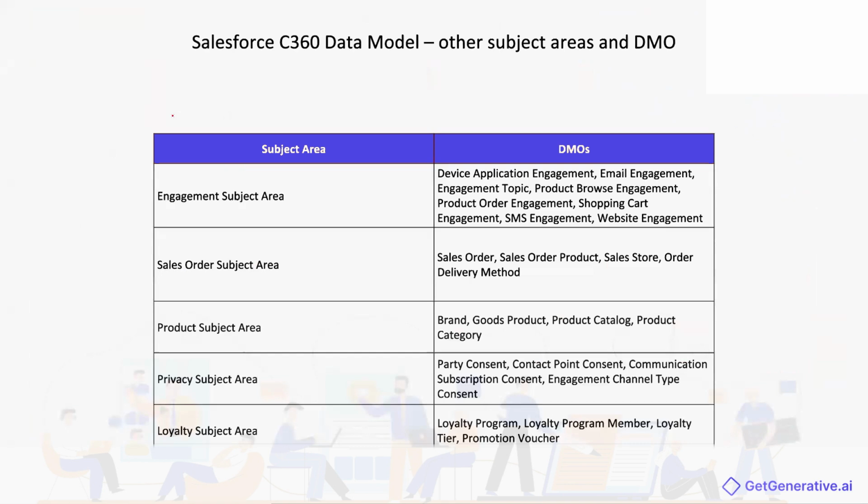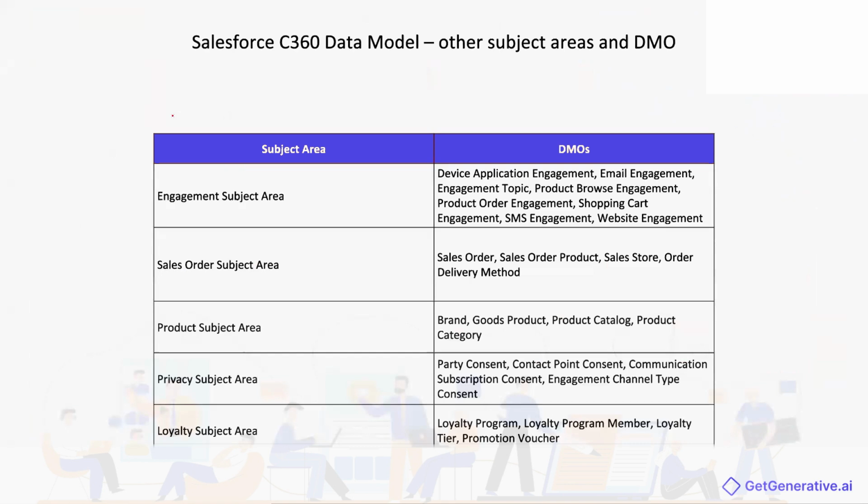Salesforce has done the work: you have standard data model objects and standard fields available. If you want, you can create more fields on top of it, but you have the starting point, and a subject area is usually divided for those starting points to bring multiple DMOs under one umbrella.